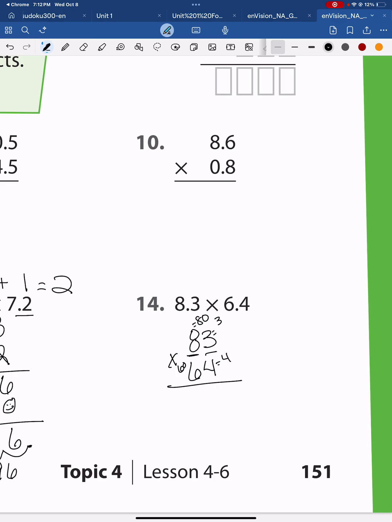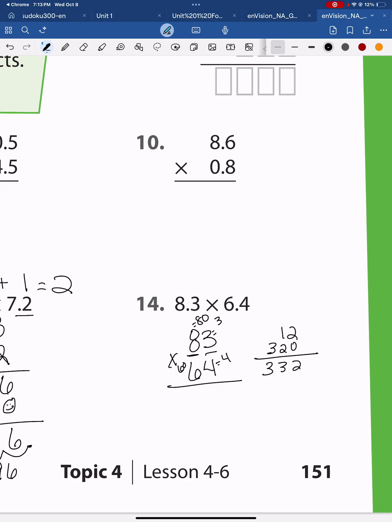So when you are multiplying with the standard algorithm, you are multiplying 4 times 3, but you're not multiplying 4 times 8. You're multiplying 4 times 80. So 4 times 3 is 12. 4 times 80 is 320. So that gives you 332.